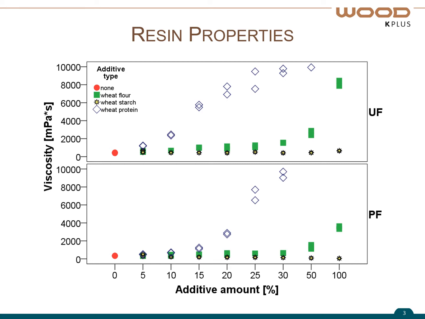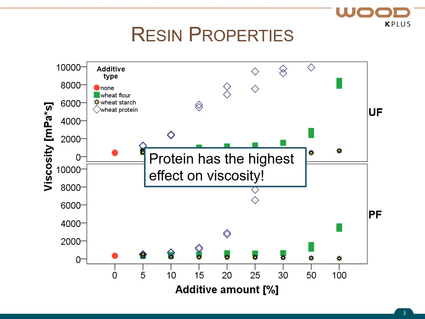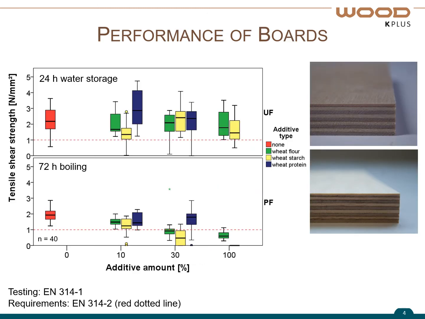Wheat starch did only show a small increase in viscosity for UF resins and even a decrease for PF resins. The protein addition was limited by its high effect on the viscosity. Protein had the highest effect on viscosity.